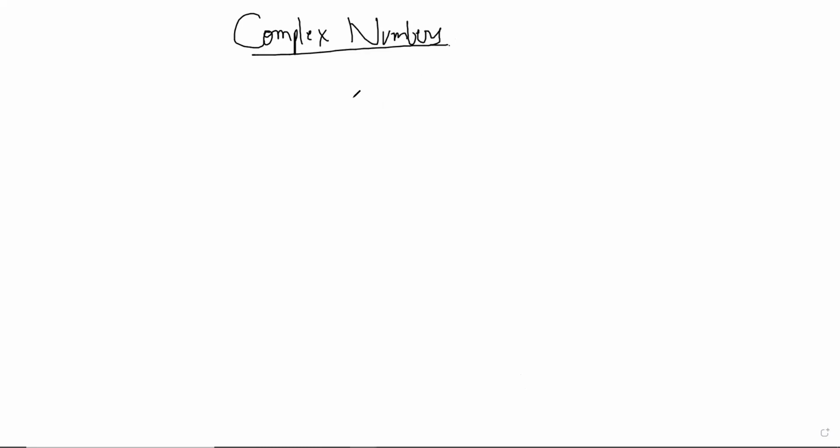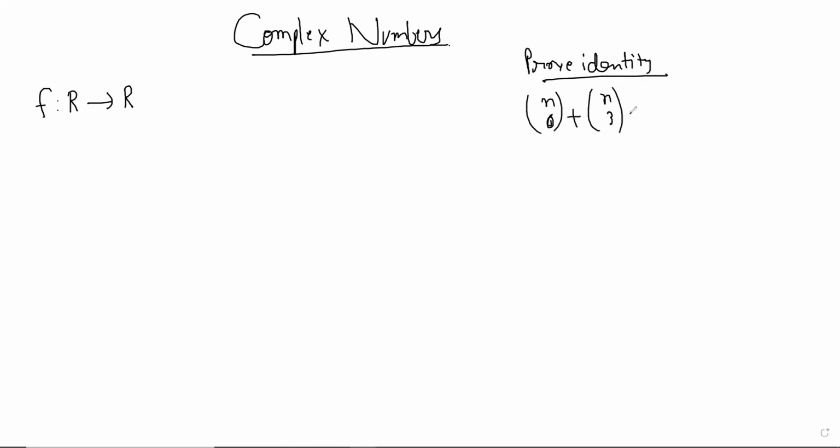So the idea is that when we start with functions from R to R, or let's say all the expressions in them are real, for example, when you want to prove some identity, let's say something like this: n choose 0 plus n choose 3 plus n choose 6, and so on.